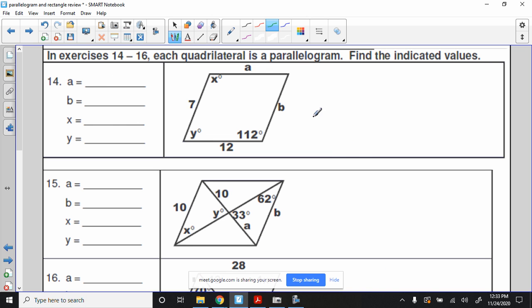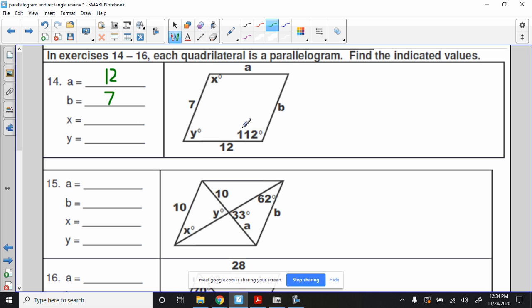Couple little questions. I like to break my questions into mild, medium, and spicy, like I like my chicken wings. So this would be a mild. This is pretty fairly simple math here. So I have A is 12 because they're opposite. And 7 and B are equal.